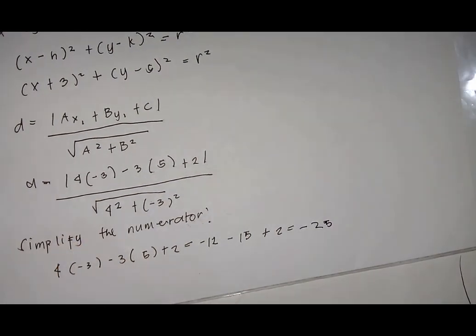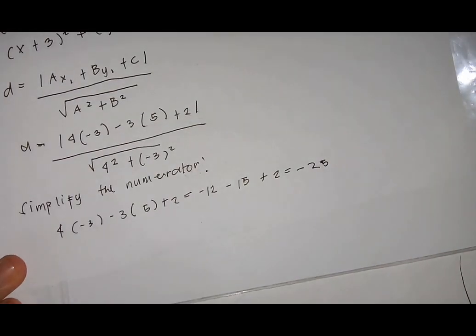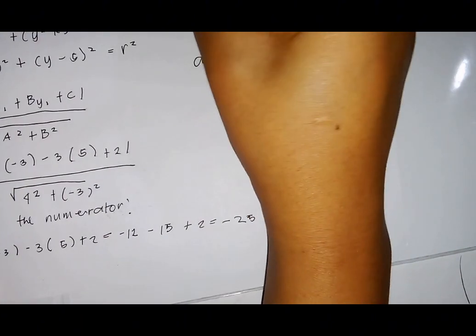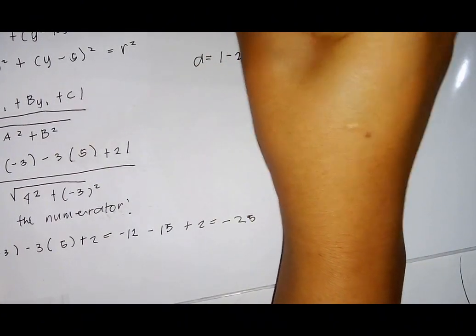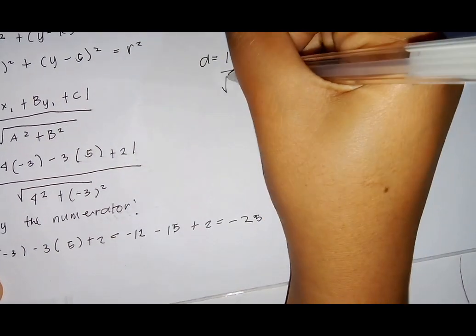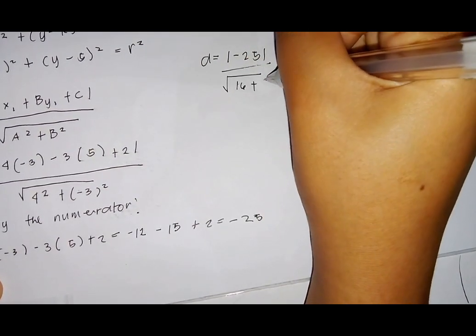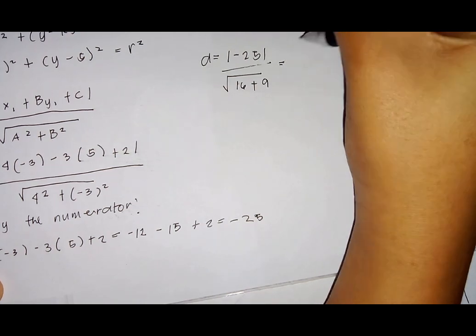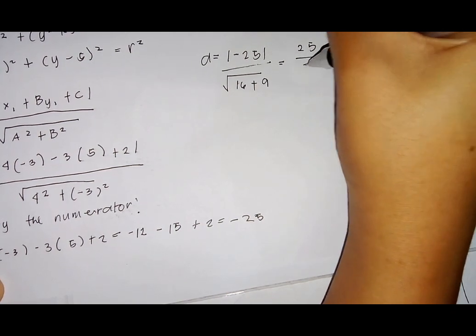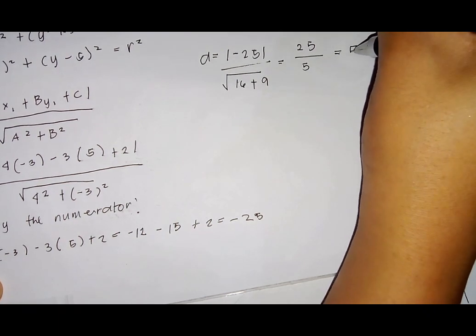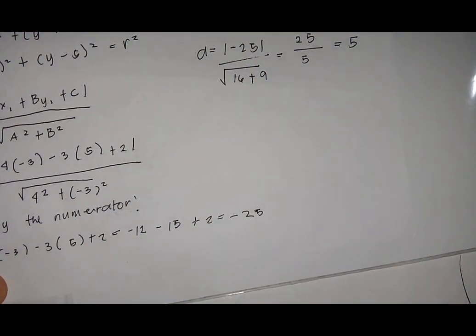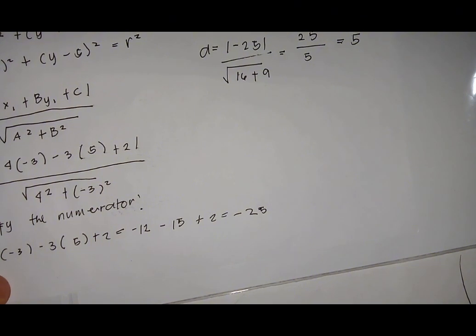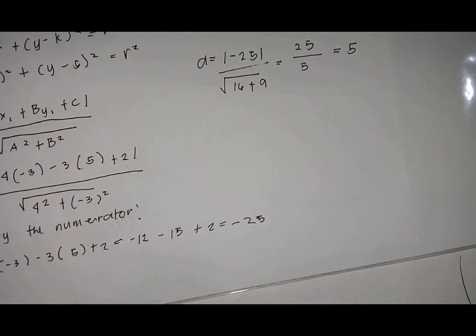So the distance is the absolute value of negative 25 over the square root of 16 plus 9, which is 25 over 5 is equal to 5. So 25 divided by 5 is equal to 5. Since the radius of the circle is equal to the distance from the center to the line, we have r is equal to 5.